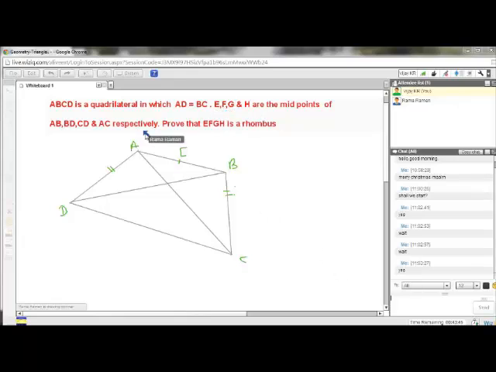F midpoint of BD, then G midpoint of CD, and H midpoint of AC.